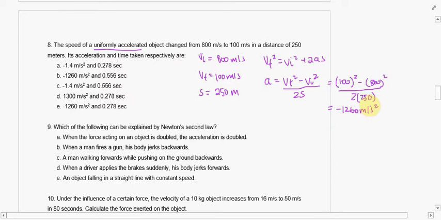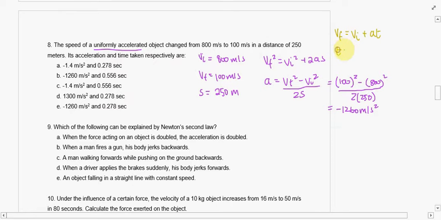meters per second squared. I can then plug this into another equation to solve for time. The easiest one to use is just this: Vf is equal to Vi plus A t. Since I have acceleration now, and I have Vi and Vf, I can solve for t.